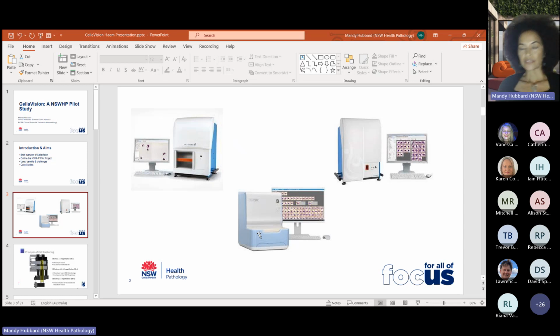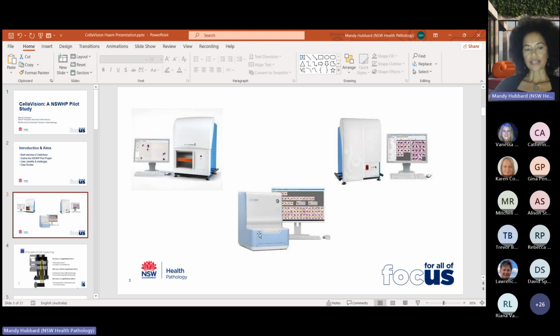So what is CellaVision? CellaVision is an automated digital morphology analyzer designed for in vitro diagnostic use, though for our pilot project, we used it primarily as a screening tool. It has software that locates, pre-classifies, presents, and stores digital images of a specified number of white cells, red cells and platelets from a Romanowsky or Romanowsky-like blood film.